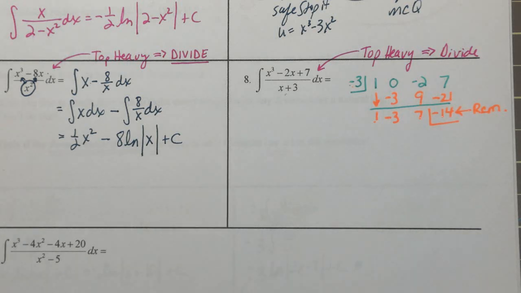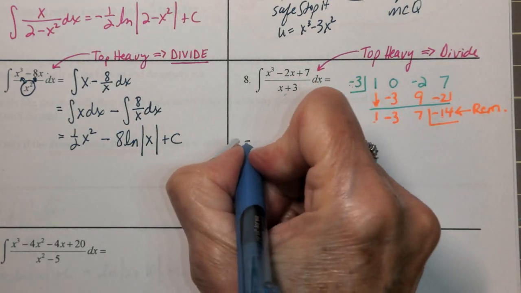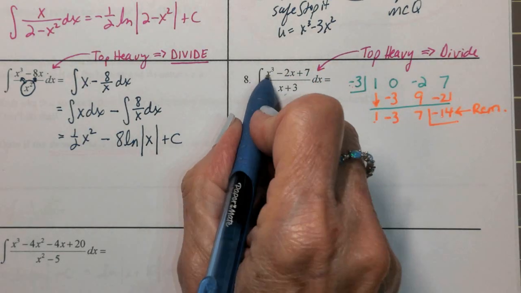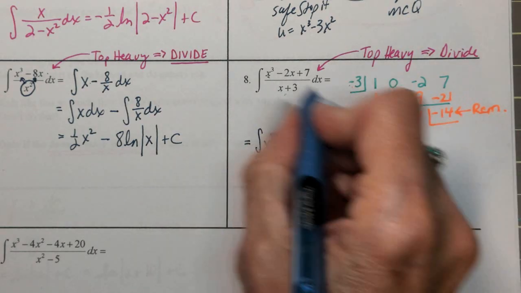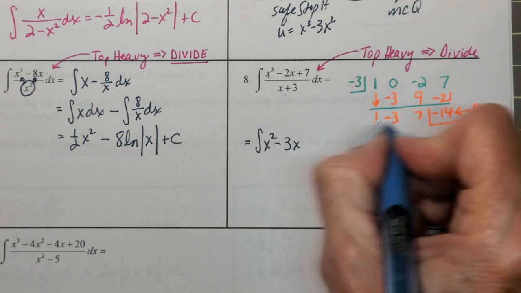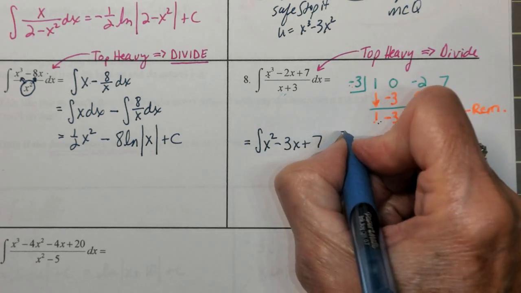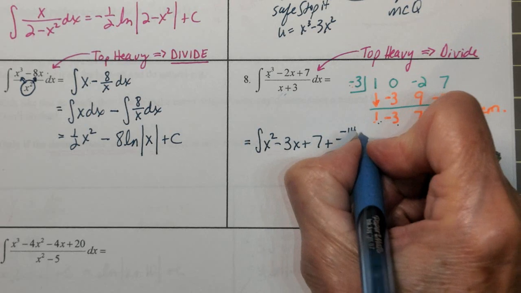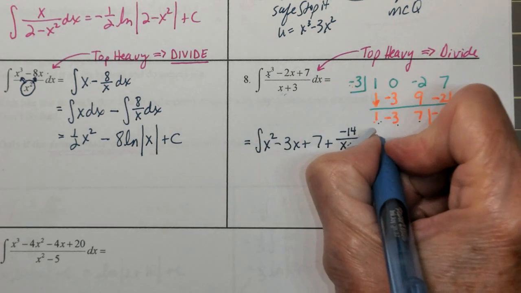So, our integral. It's important to note, you guys, that we have not integrated yet. All we did was divide. Our integral is now, we started with an x cubed, so we're down to an x squared after we divide out an x, minus 3x plus 7 plus -14 over the original divisor, x plus 3.